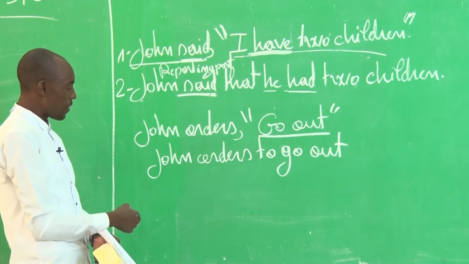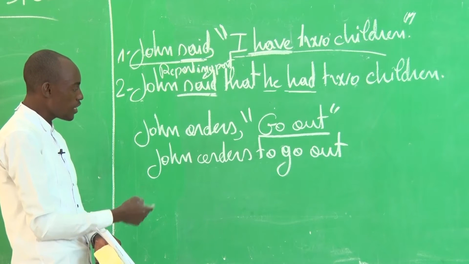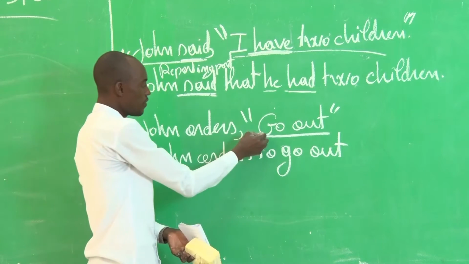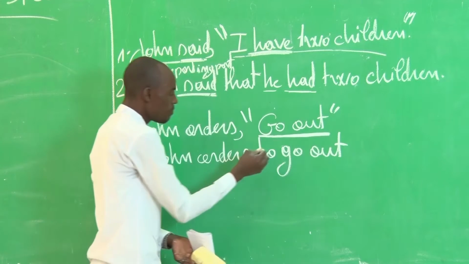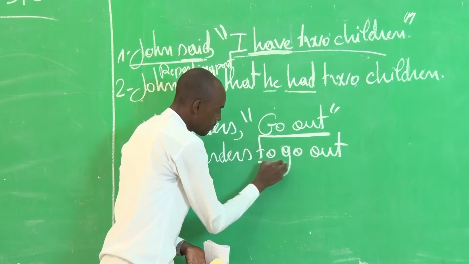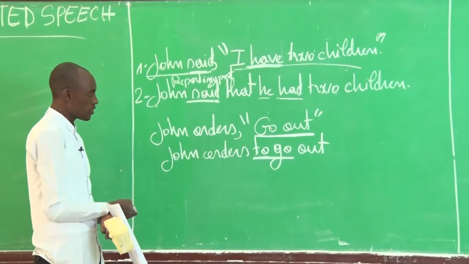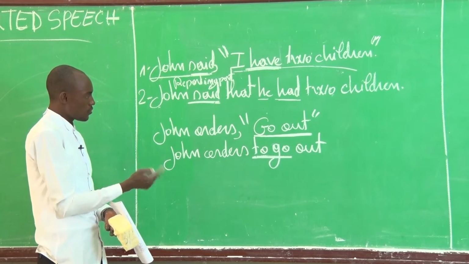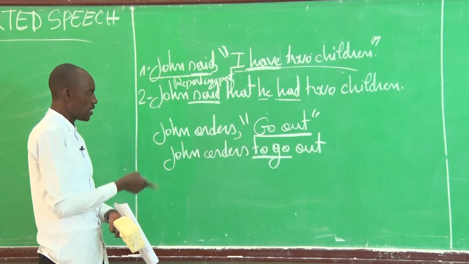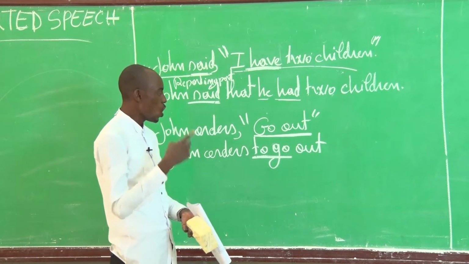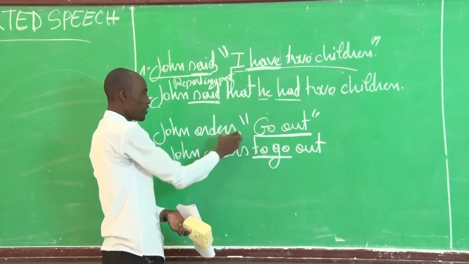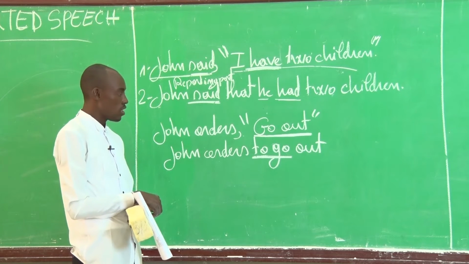Now, in the second sentence, in reported speech, the imperative becomes an infinitive: to go out. John orders, "Go out," and here we say John orders to go out. There are no inverted commas in reported speech.